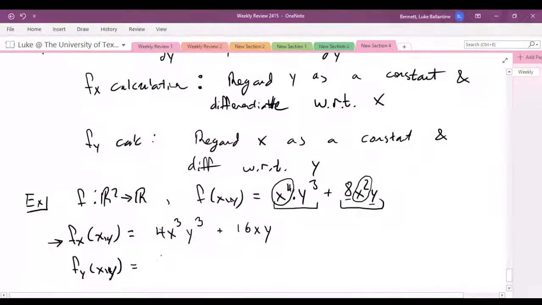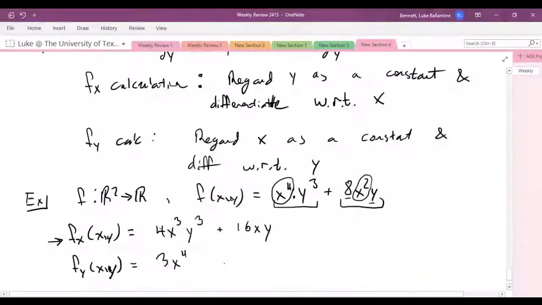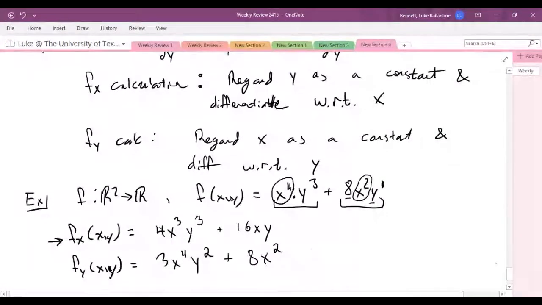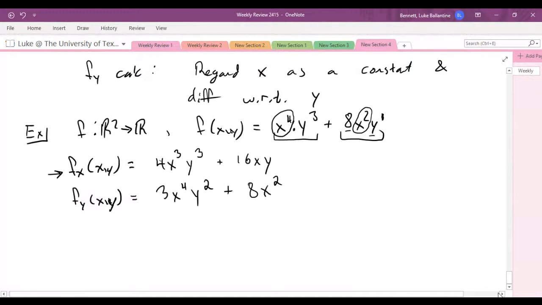Yep, we have 3x to the fourth y squared plus, this is y to the first, so the derivative of y to the first would just go to the constant term. We treat x as a constant, so this is plus 8x squared. All right.